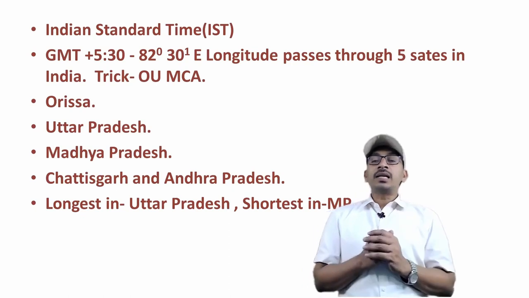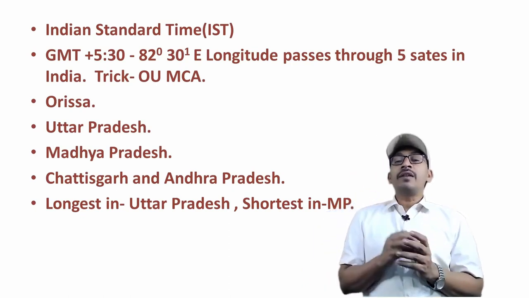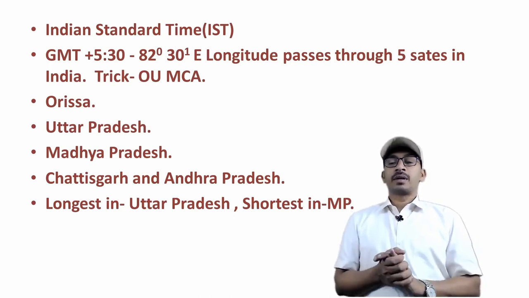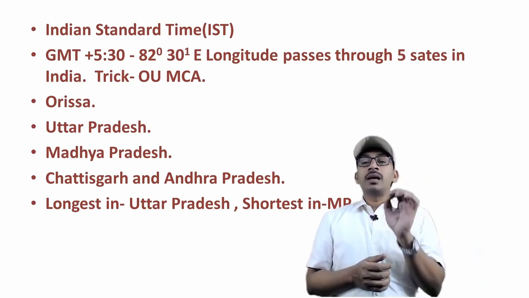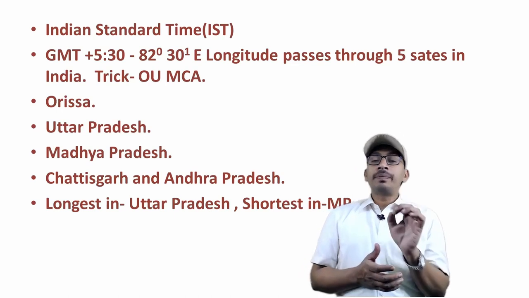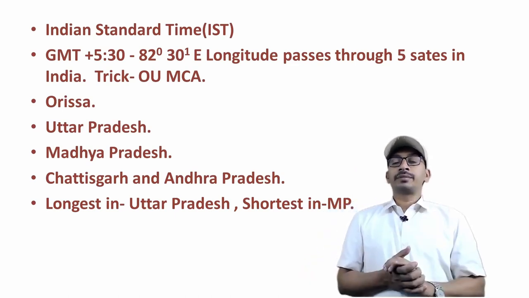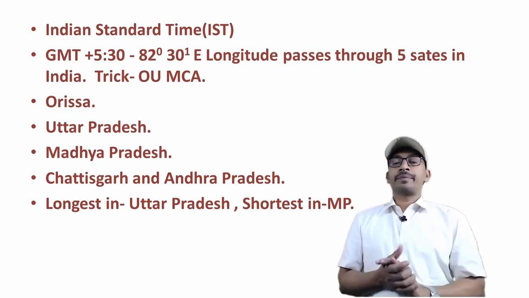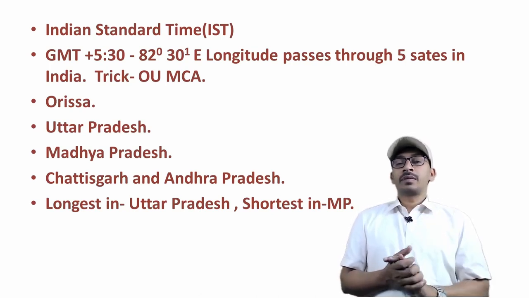This Indian Standard Time is exactly 5.5 hours forward to Greenwich Mean Time. The time at Greenwich, or the time at the prime meridian or 0 degrees longitude, is called Greenwich Mean Time, GMT.